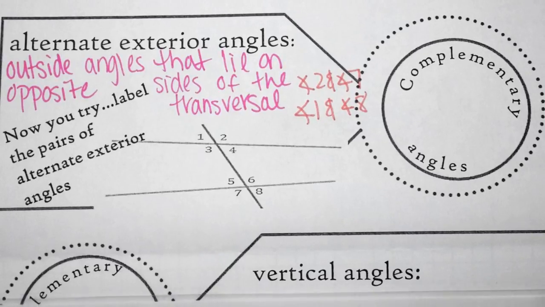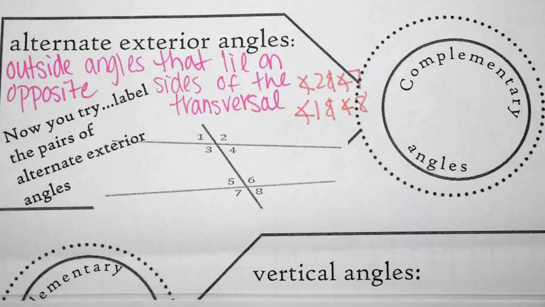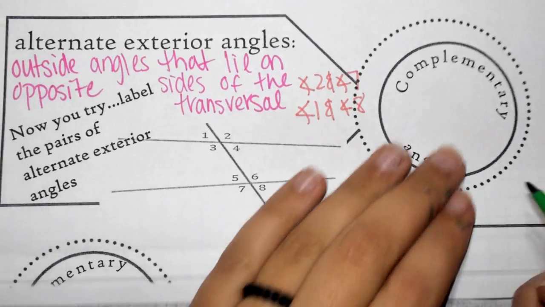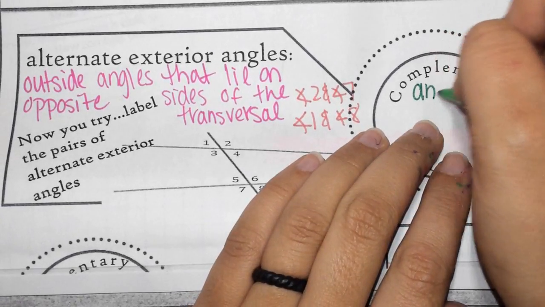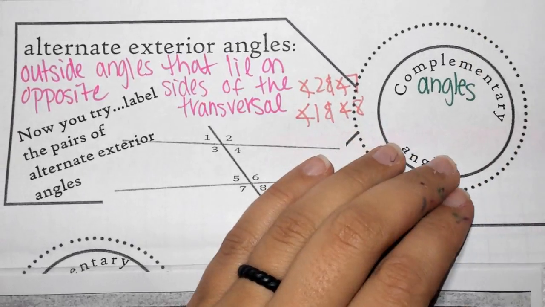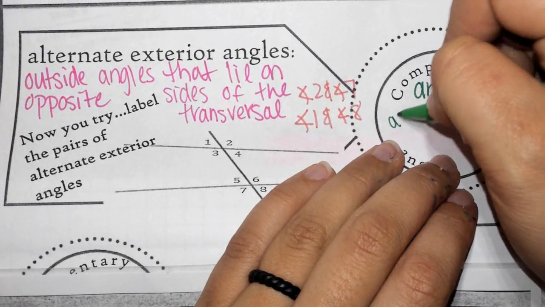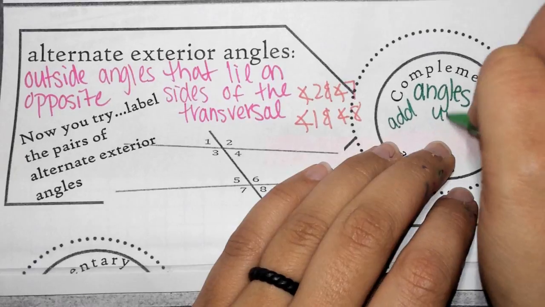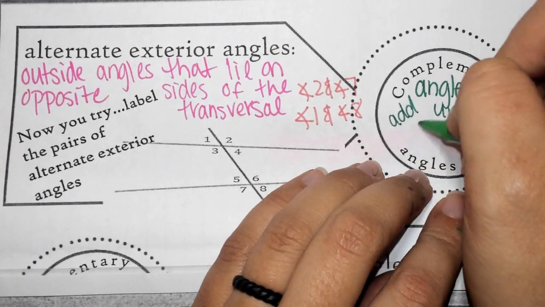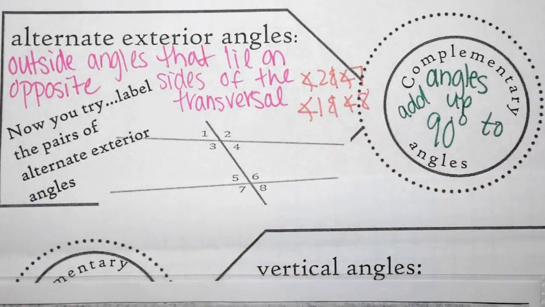All right, what are complementary angles? Sum up to 90. Yes. Angles that add up to 90 degrees.